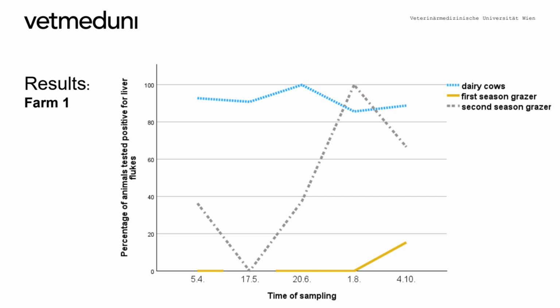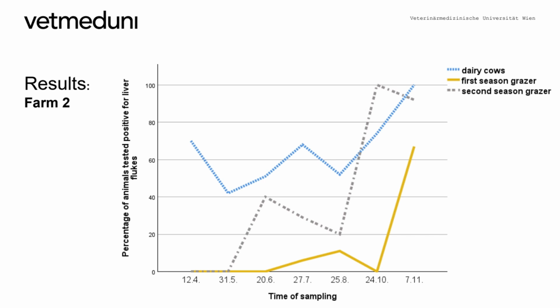First season grazers, of course, were negative at the beginning, or most of the time, and then were positive in autumn. If you consider the prepatency of 2 months, probably they got infected late in August when they were on the low Alpine pastures, not on the high Alpine pastures.